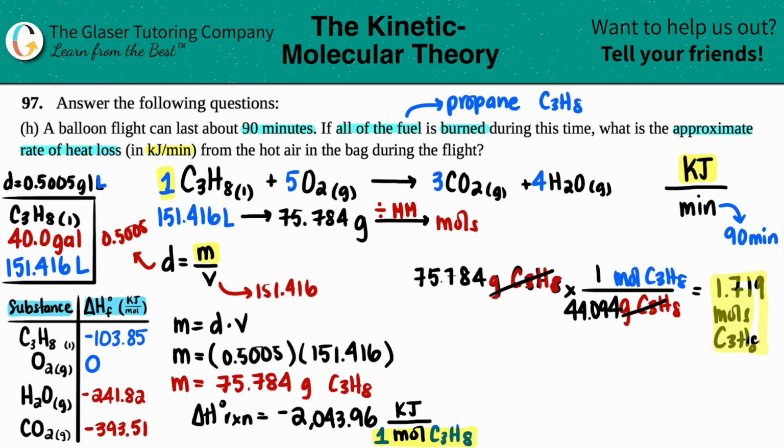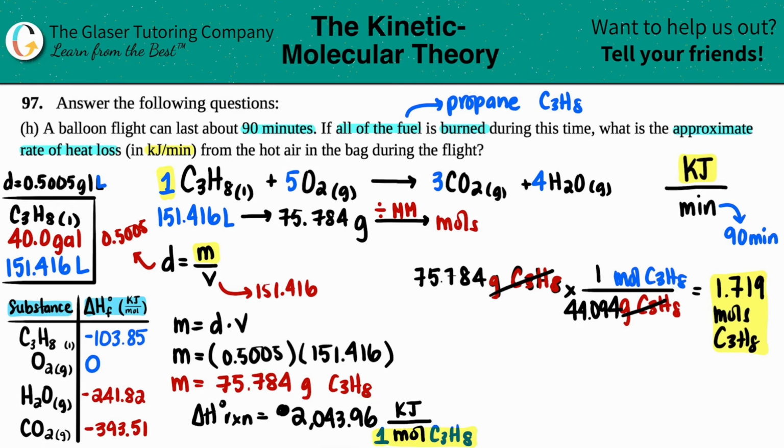Now, if we just go back, remember, 2,043 kilojoules of heat is going to be released per every 1 mole. If we had to check ourselves here, we have more than 1 mole. So would this number be a greater amount of heat lost or a smaller amount? It would be a greater amount.